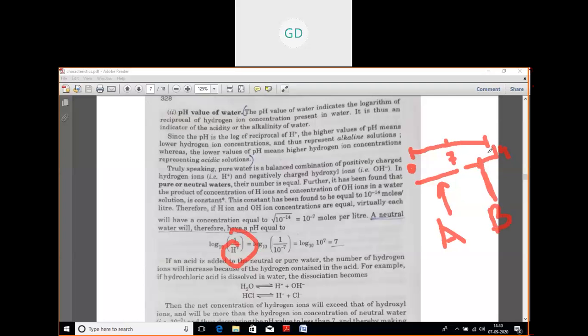Everyone knows this 0 to 14 scale, and generally the water should have a value of 7, because everyone knows that water is neutral.